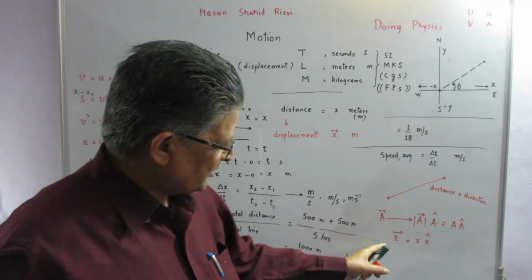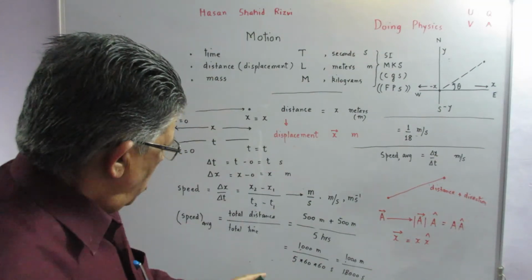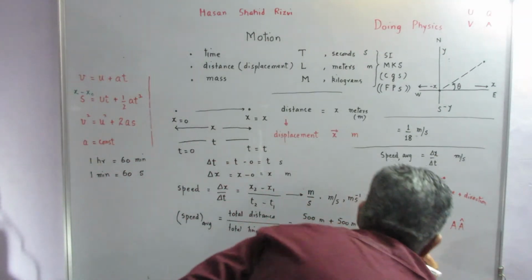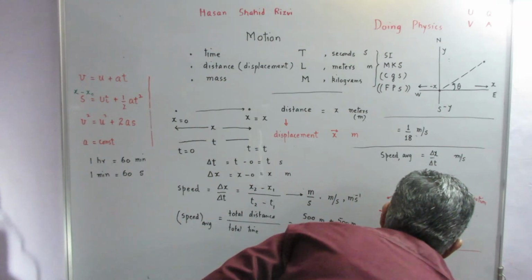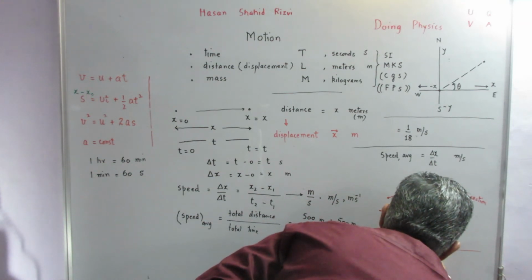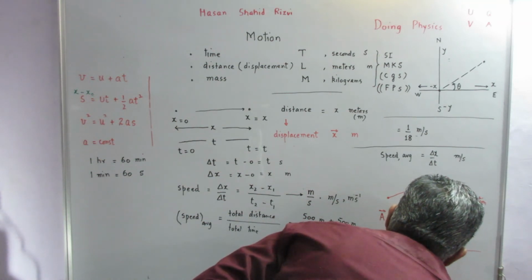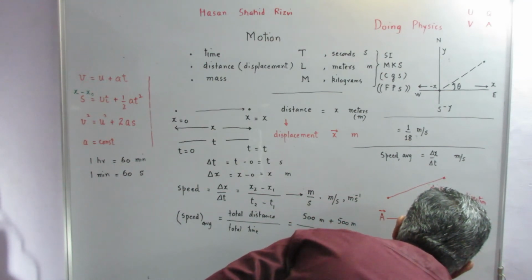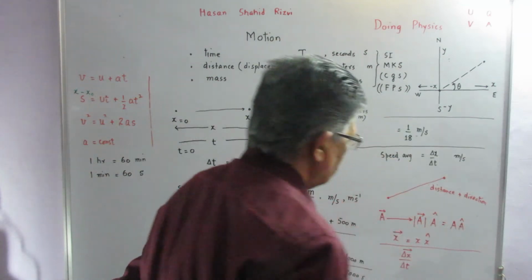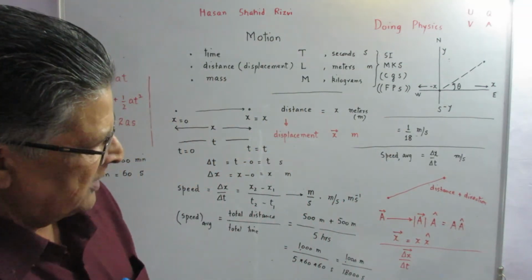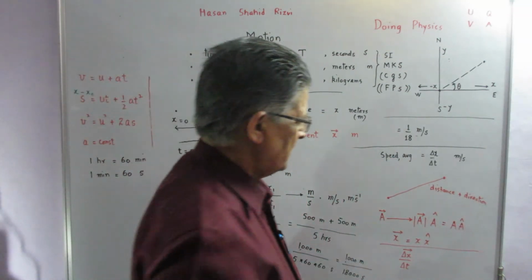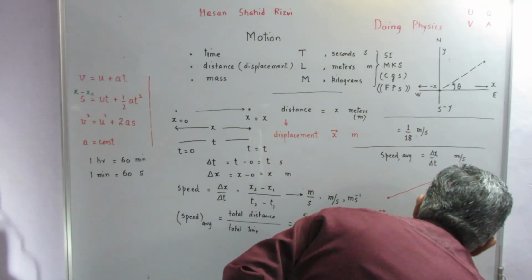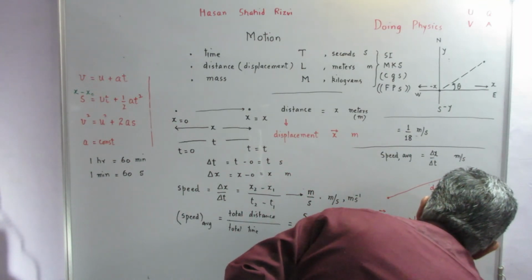Then if this is divided by delta t, I have delta x divided by delta t. I am going to introduce another term: by definition, this is the velocity.